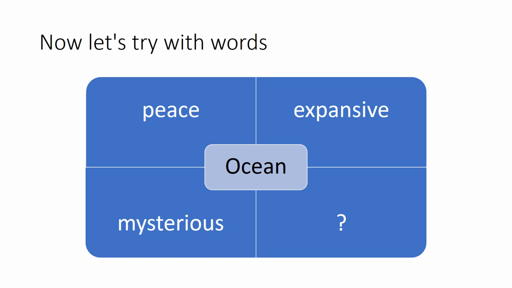What is the denotation of ocean? The denotation of ocean, if you look it up in the dictionary, it would say a wide, expansive body of water. But I can use the word ocean in different sentences, in different contexts, to mean very different things.